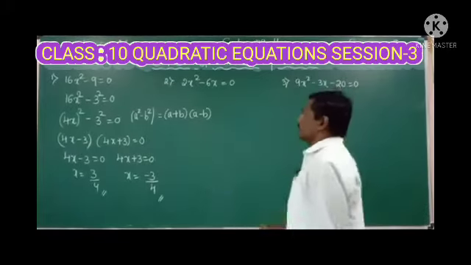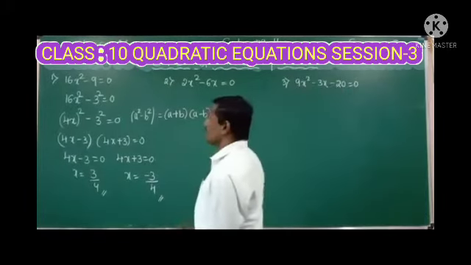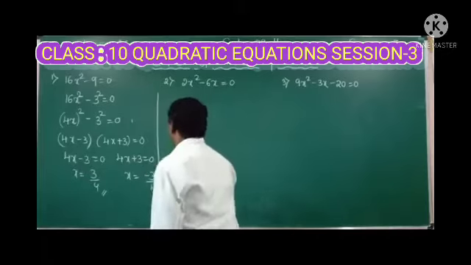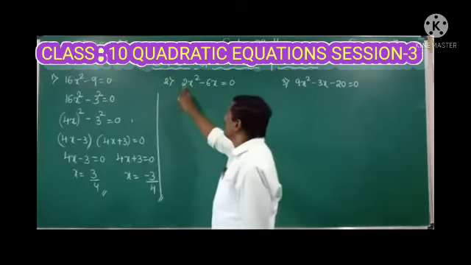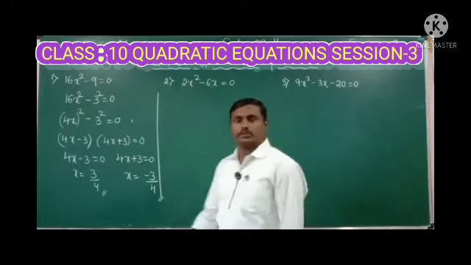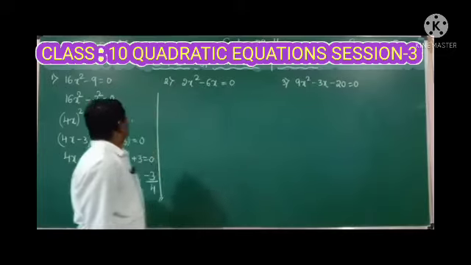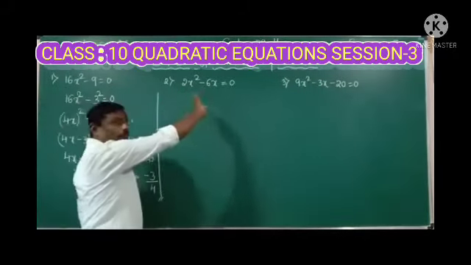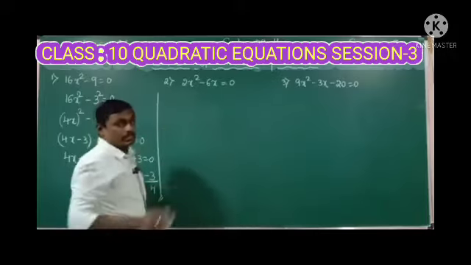Okay, next one. See the second question: 2x square minus 6x is equal to 0. Here we don't have any constant term.